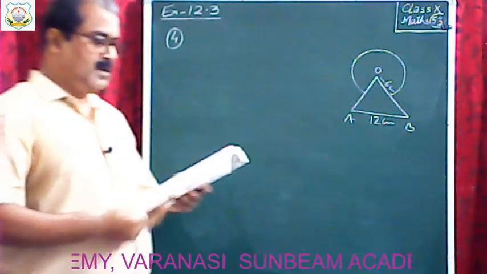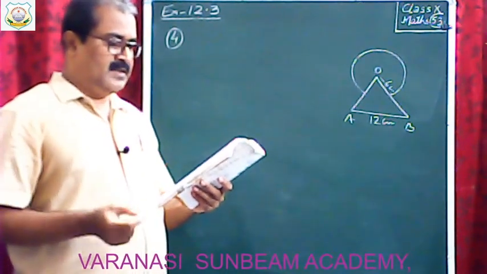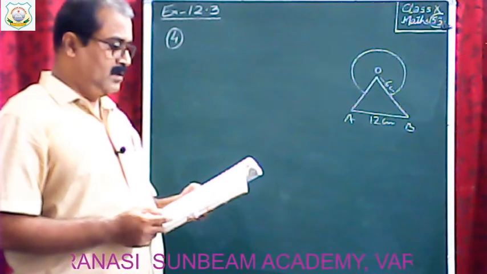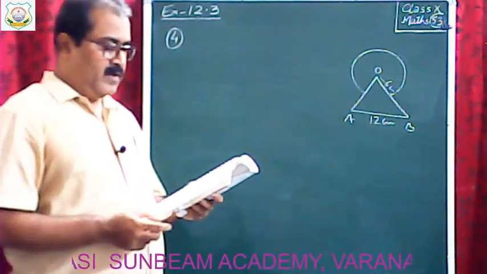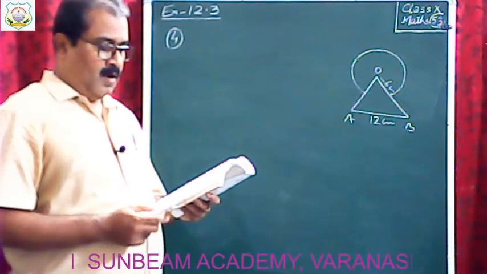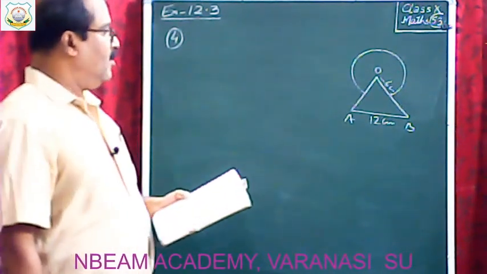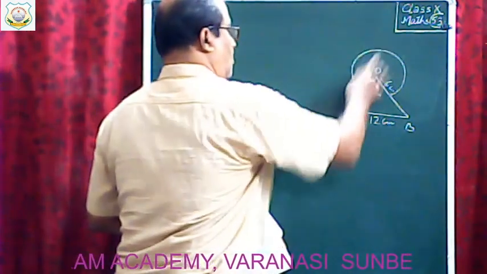Find the area of the shaded region in the figure, where a circular arc of radius 6 centimeter has been drawn with vertex O of an equilateral triangle OAB of side 12 centimeter as center. We have to find the area of the shaded region. The whole is shaded.